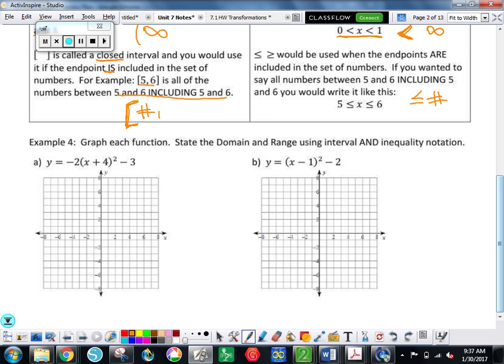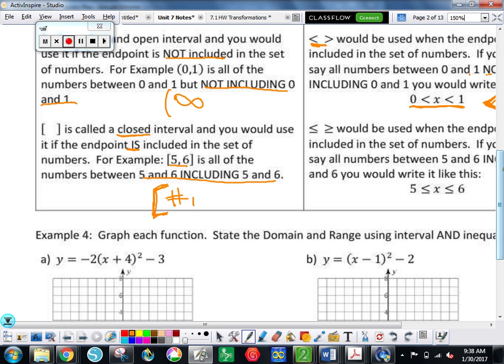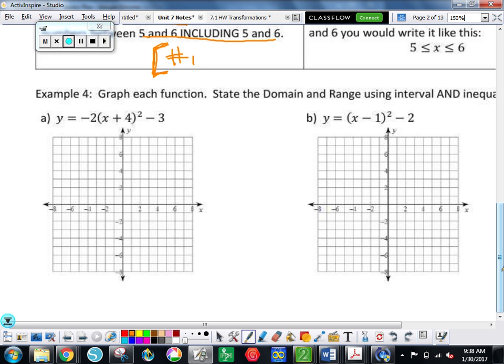So let's practice this. Before we start, let's just practice drafting the parabola. First you want to look at your starting spot. Where's your vertex? Good, left 4, down 3.